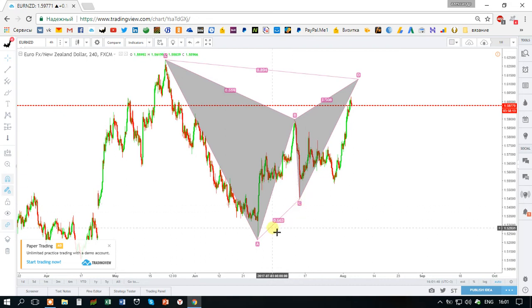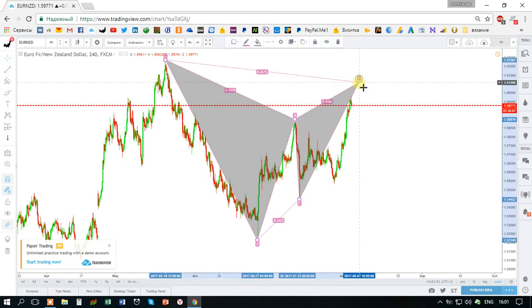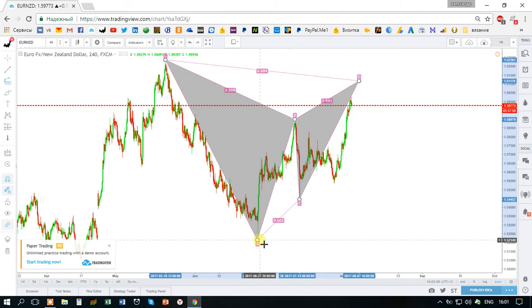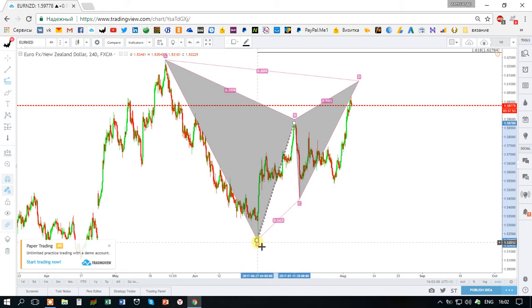The C point retraces 66.3. If we have those retracements, we start immediately thinking of a Gartley pattern.